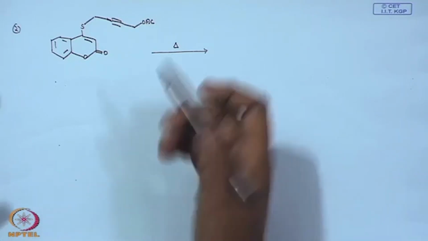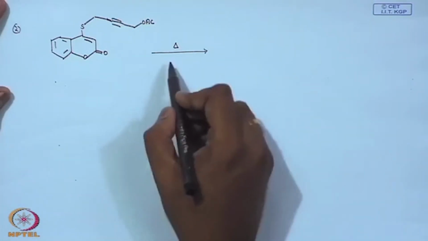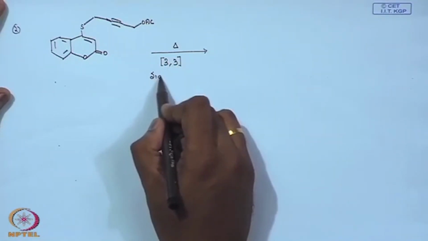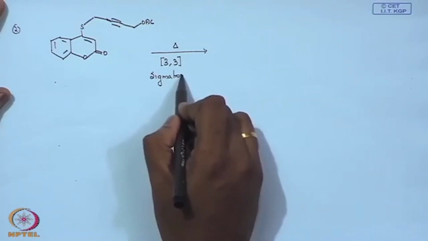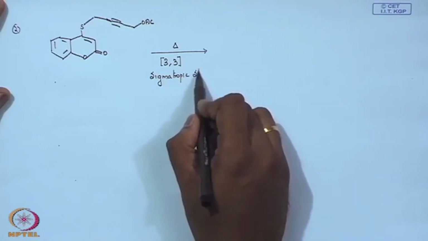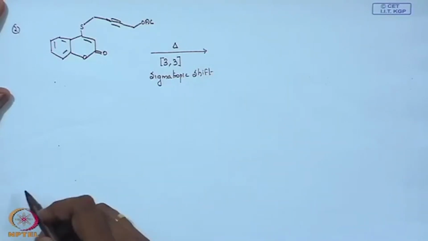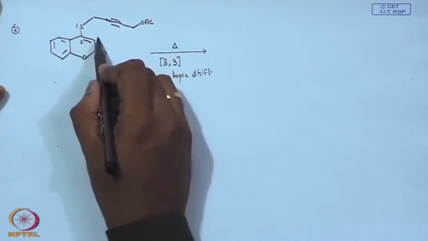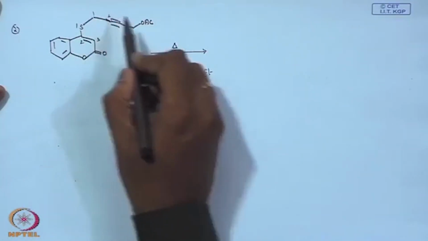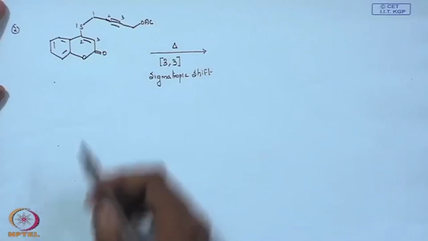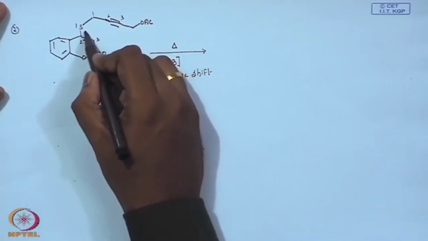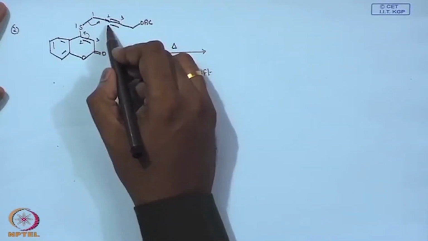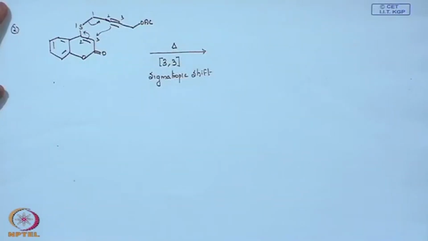Yes, that's good. It is nothing but a 3,3 sigmatropic shift. See, after doing problems now, you guys are good. So it undergoes a 3,3 sigmatropic shift. Just 1, 2, 3, right? 1, 2, 3. I can do it. So think of this part, and think of this one, right?